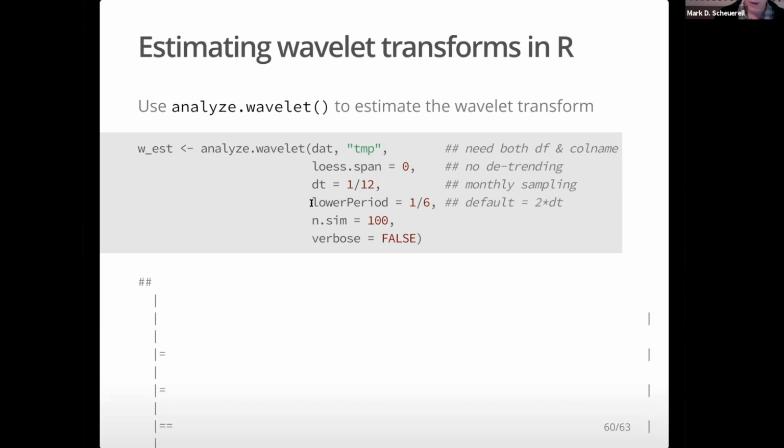It's asking for a lower period, which is sort of a base where it's going to start. The default is to take twice your sampling interval, so that's 1/6. And this has essentially a resampling algorithm associated with it, so you can estimate confidence in your result. It also has an argument for n.sim, which you can think of as the number of bootstrap samples.